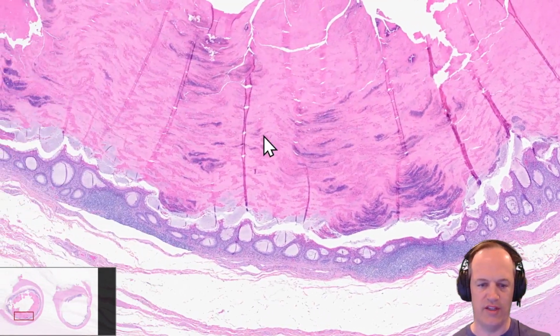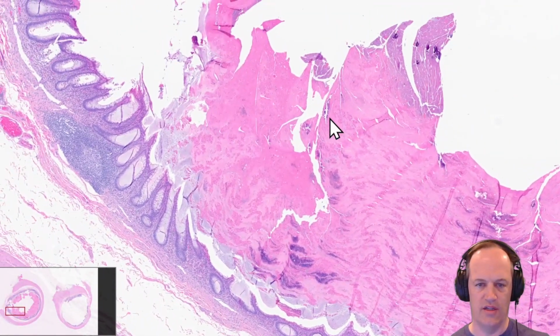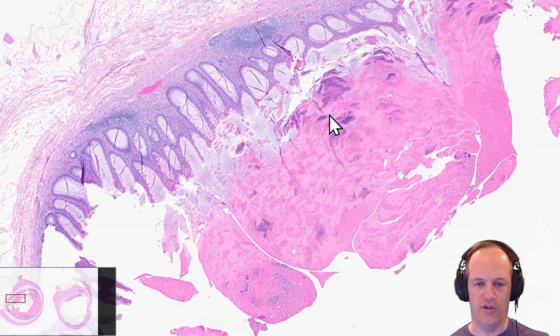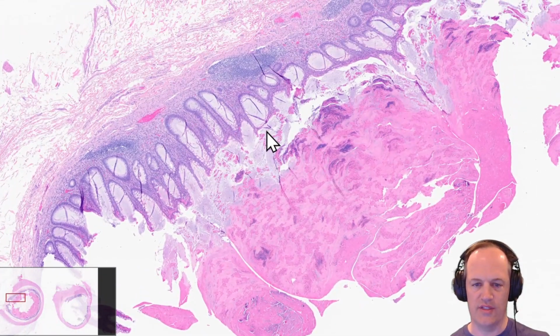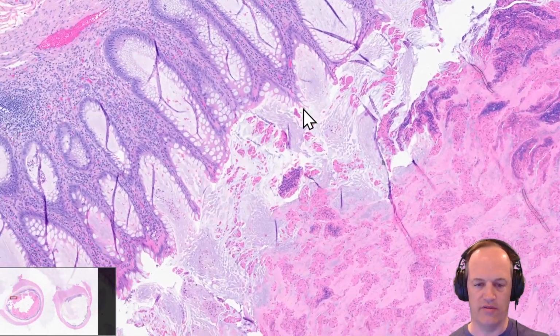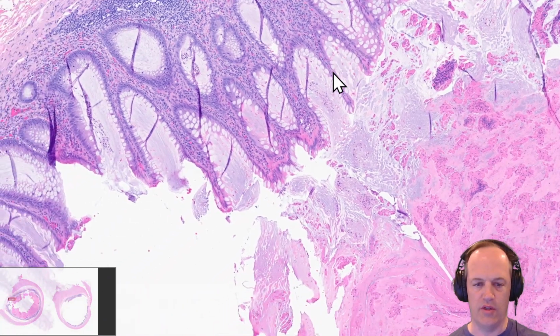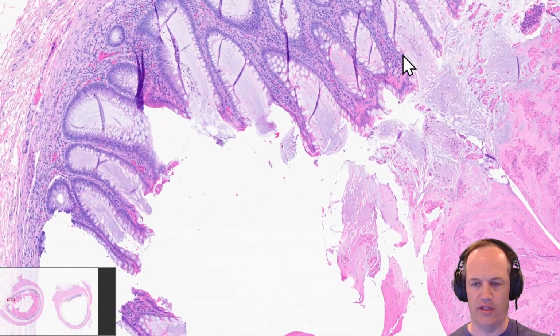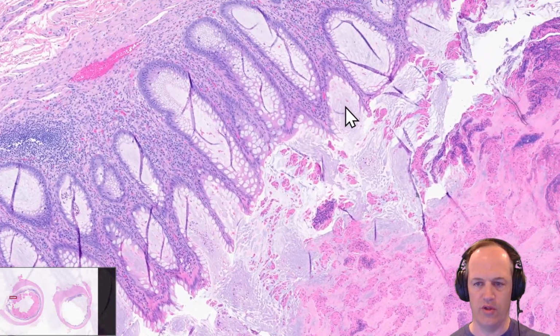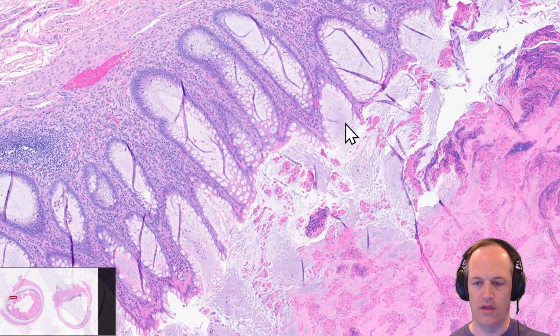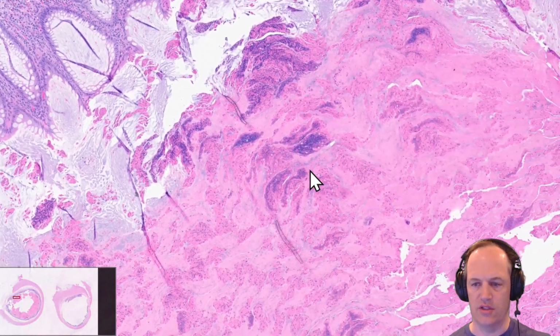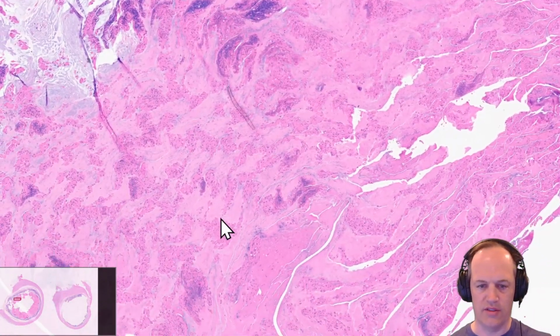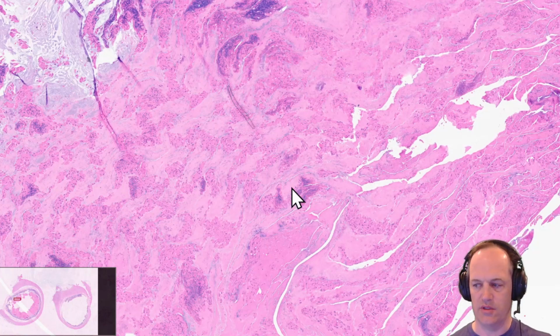So hopefully when you find this, this is not a surprise, because hopefully somebody knows about this. But this histology is very, very typical of what you find in patients that have cystic fibrosis. Because they have an abnormality in the chloride transporter, the mucus they make is incredibly thick. And that thick mucus is just going to congregate and make this concretion in the appendix sometimes in these patients.